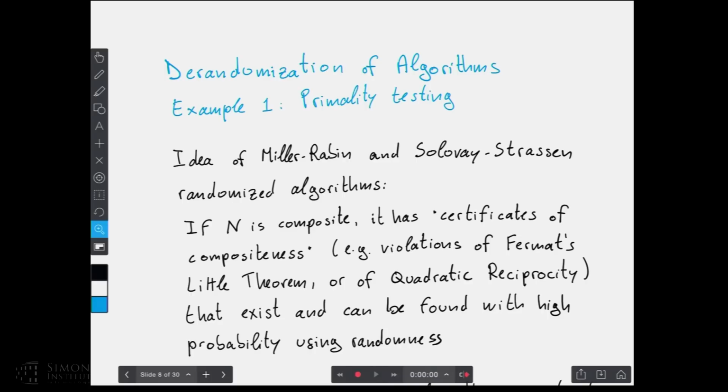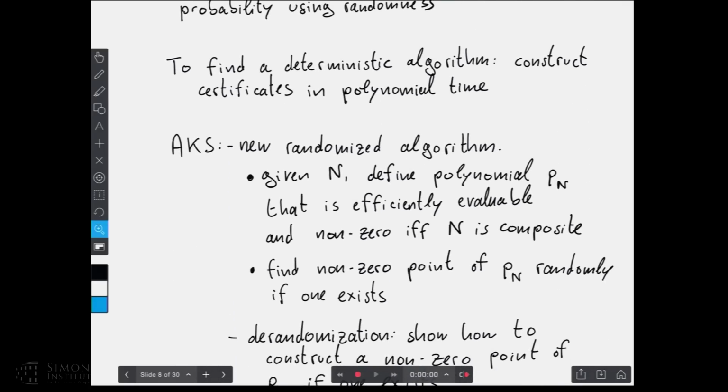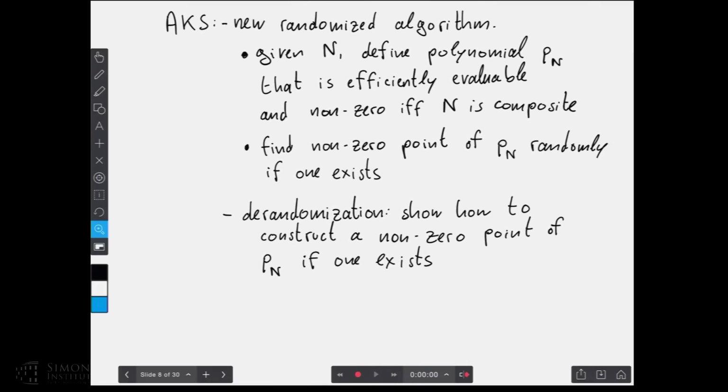But what AKS did to come up with their algorithm was they first came up with a new randomized algorithm for this problem, which introduced a new class of certificates of compositeness. And then they found a way to construct those certificates deterministically. So in the new algorithm, if a number is composite, a certain multivariate polynomial associated with the number is non-zero.